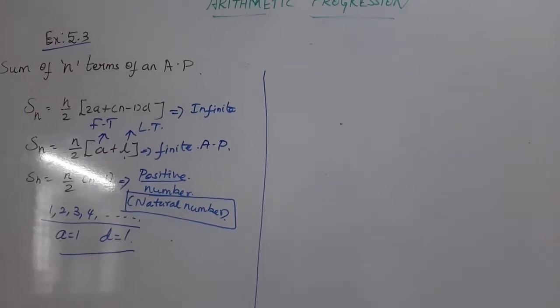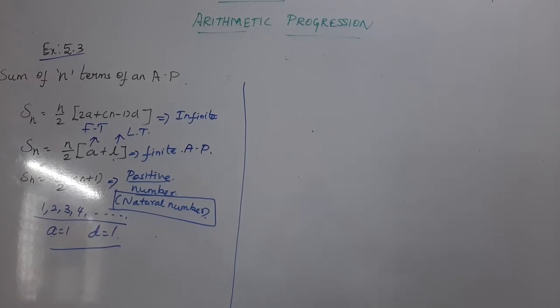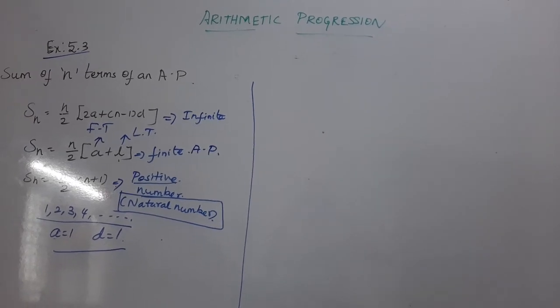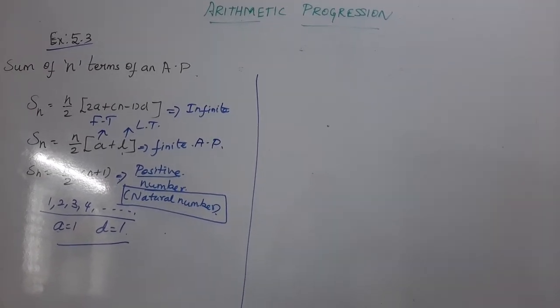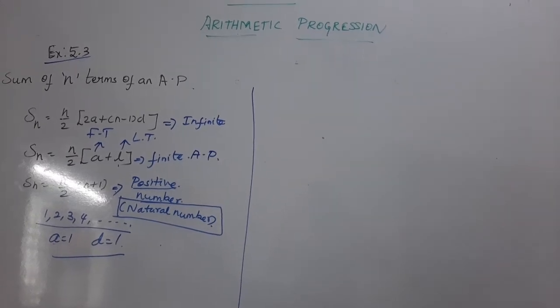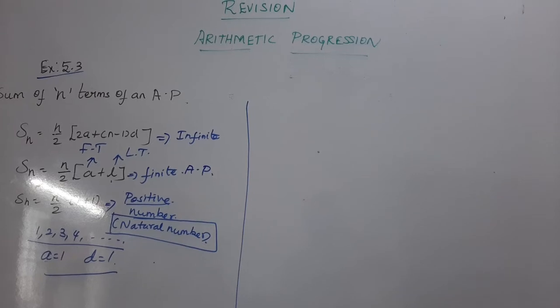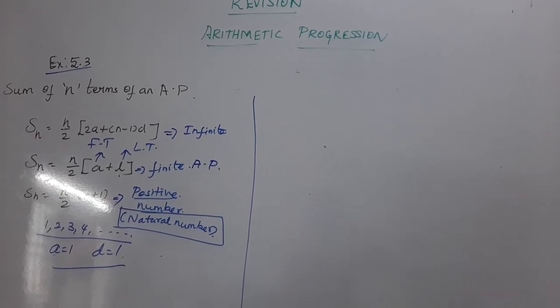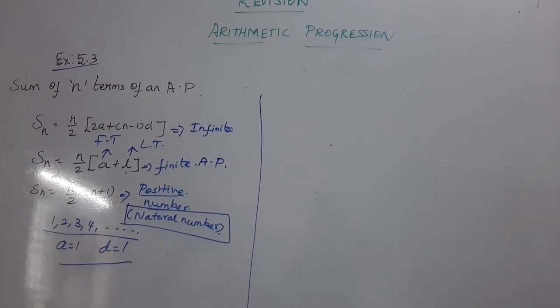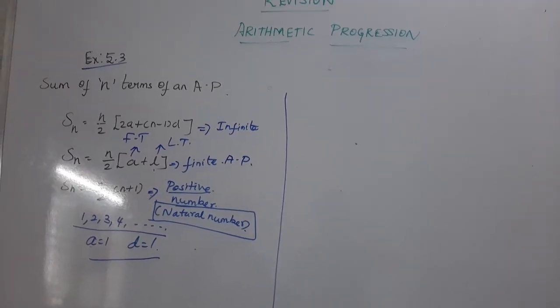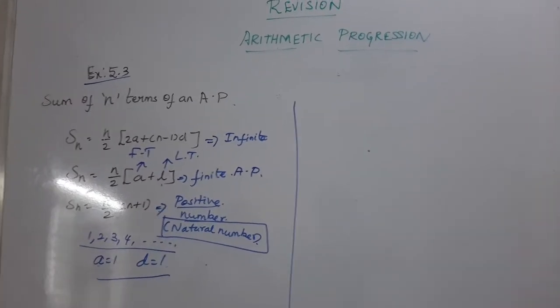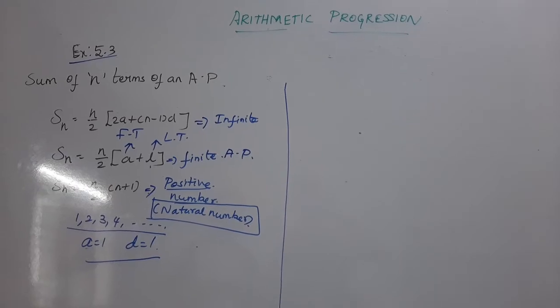Word sums are of two types. One is a single statement sum, where you need to frame the series. You need to find a, d, n and then calculate. The second type of word sums is a clear story. In the story itself, they would have explained what a, d and n are. You simply need to substitute that in the formula to calculate the sum.